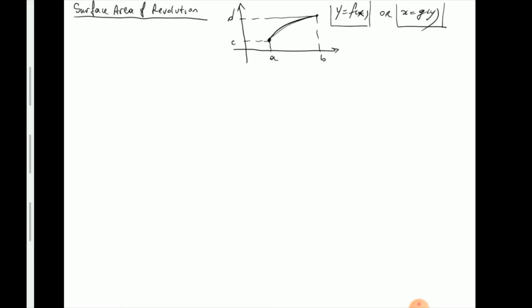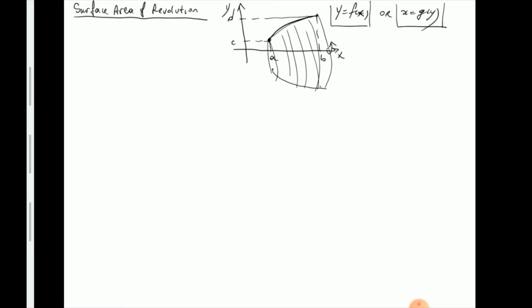And let's say we're going to rotate this about the x-axis. If you do that, then the surface looks like this, roughly speaking.